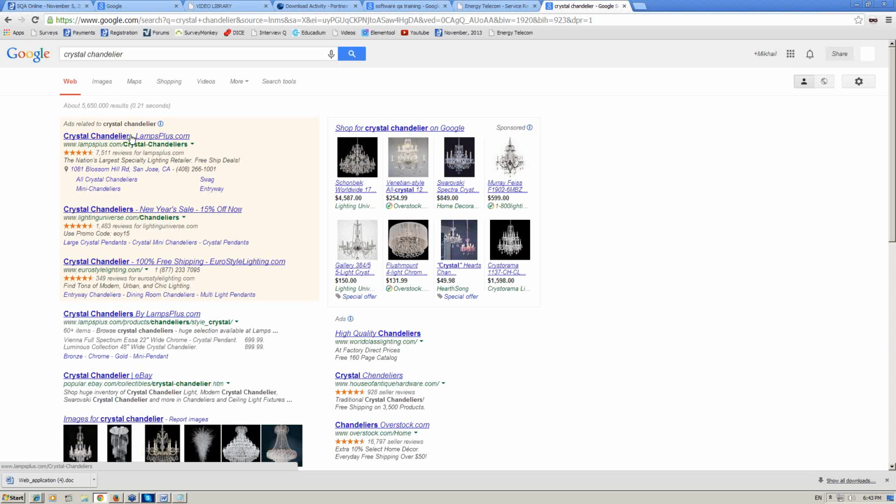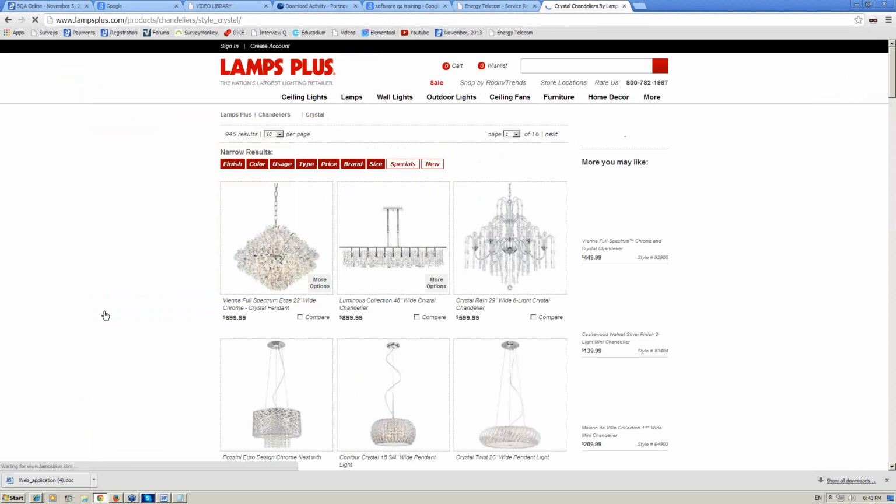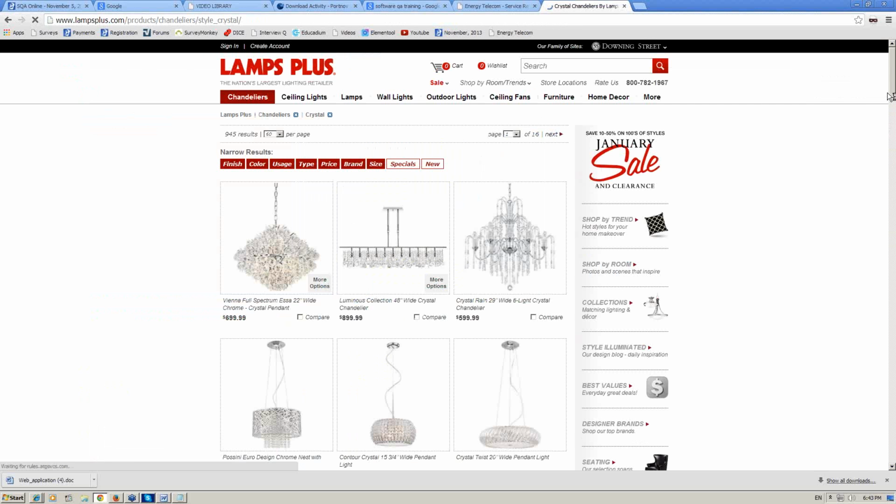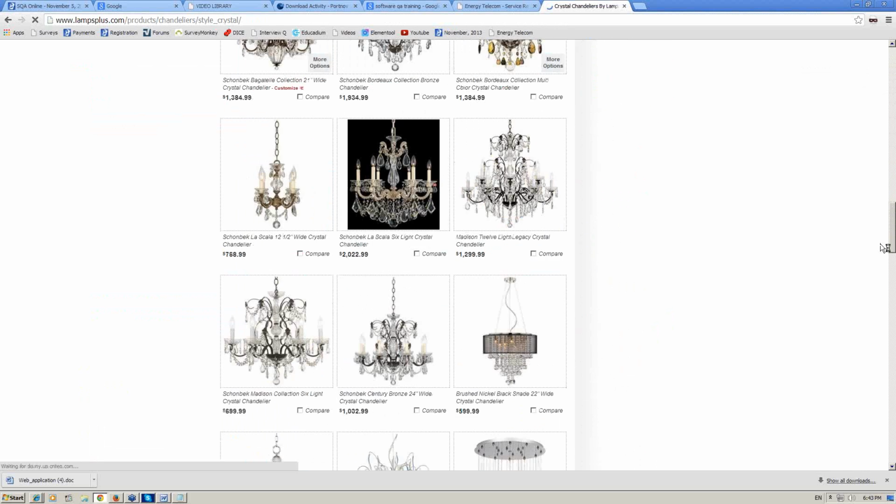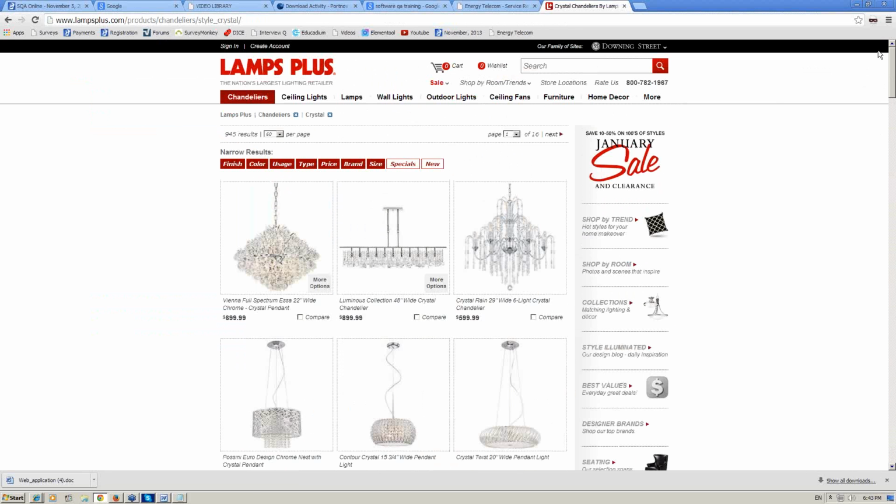What if we go and actually click on the same Lamps Plus, which comes number 1 without any advertisement. Pay attention to how fast things will happen. Look at that. Boom. It's really no time. All those pictures came in no time. Let me refresh my screen and see how much time it will take.